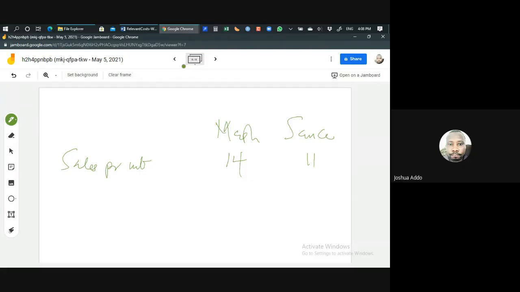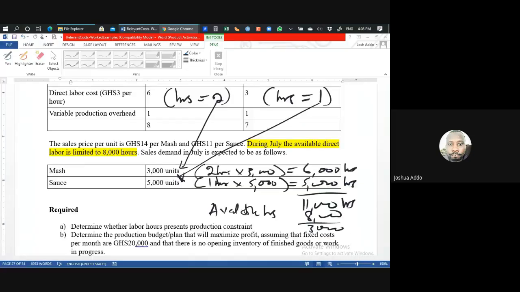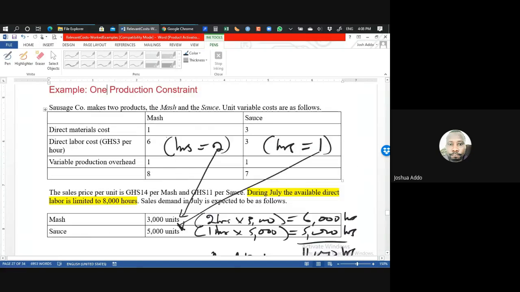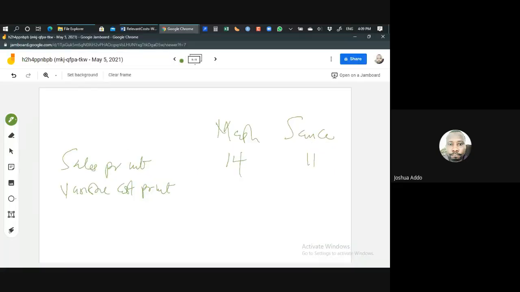Then we also find our variable costs per unit. We go back to the question that is already there. The sum of all the variable cost components. So there's 8 for mash and 7 for sauce. 8, 7.